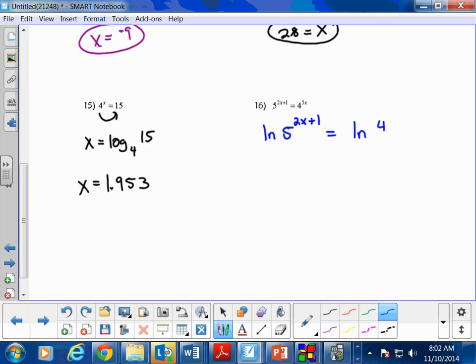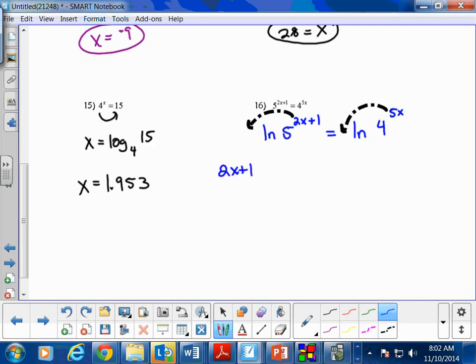You might be wondering, Mr. Sandoval, why are you applying a natural log? It's because once I apply a natural log, I'm able to move the exponent as a coefficient of the natural log, and that's very important in solving this problem. So let me go back and show you that.